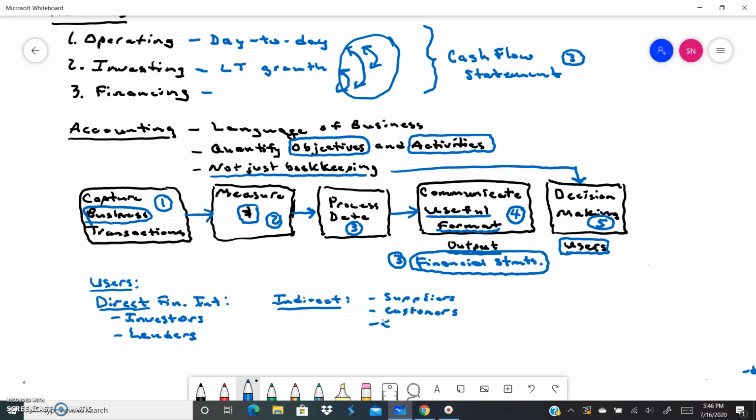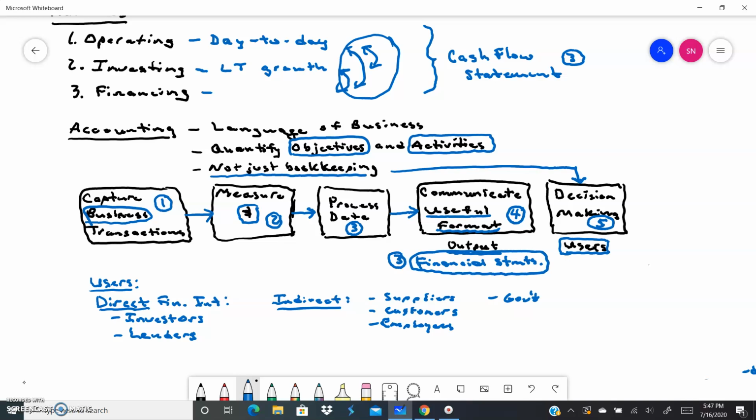Certainly the employees have an interest. You wouldn't work for a company you thought was going to go bankrupt. Clearly governmental entities would have an interest, such as the IRS, the SEC if they're a publicly traded company. And of course the list would go on.